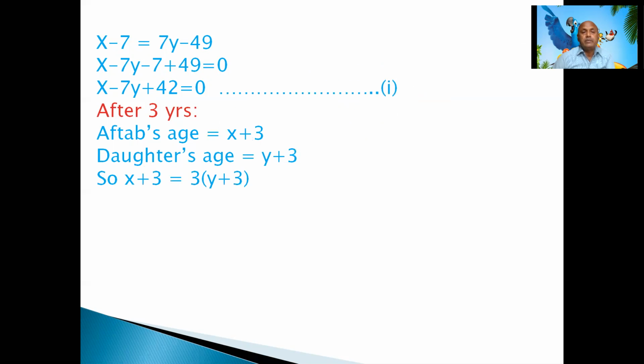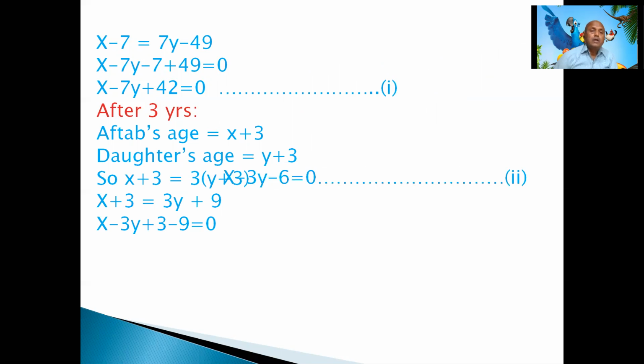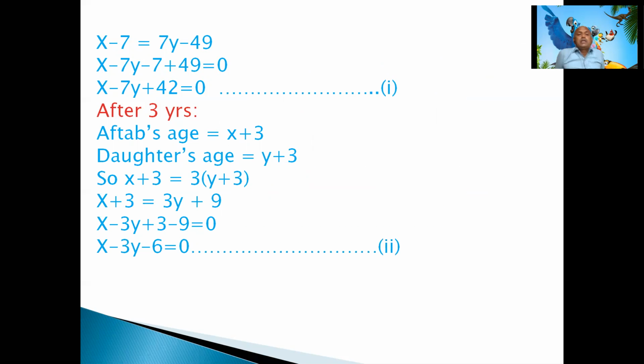The relation is 3 times. So x plus 3 is equal to 3 times y plus 3. Open the bracket, solve it and create the second equation, that is x minus 3y minus 6 is equal to 0.